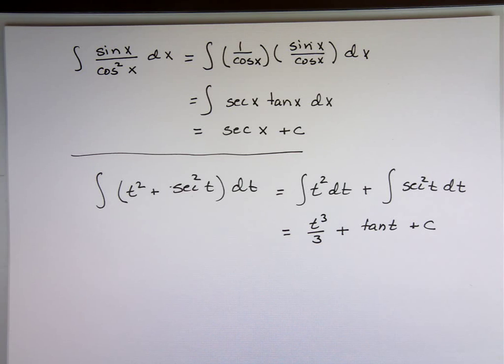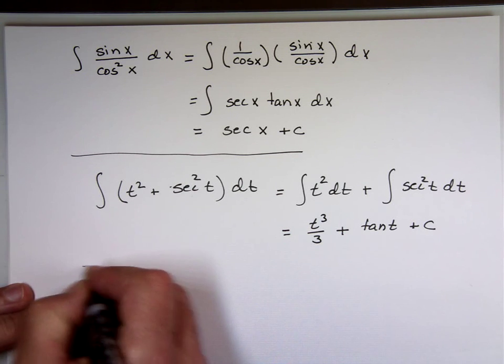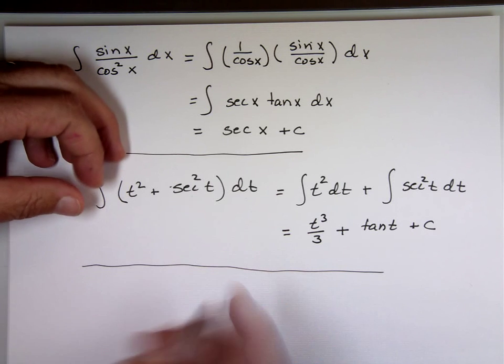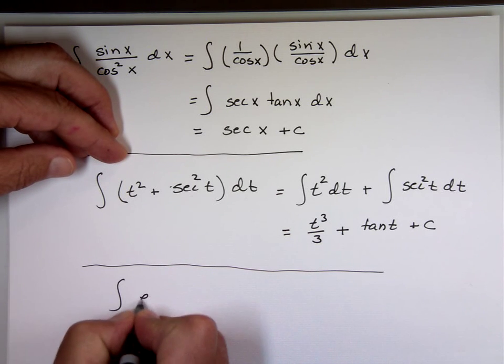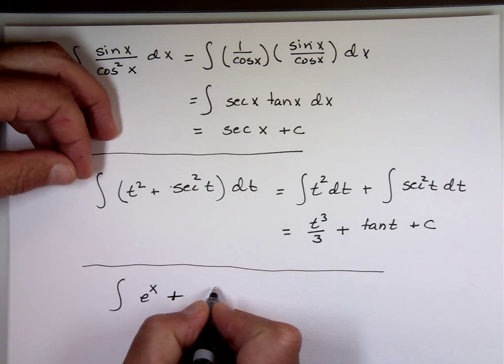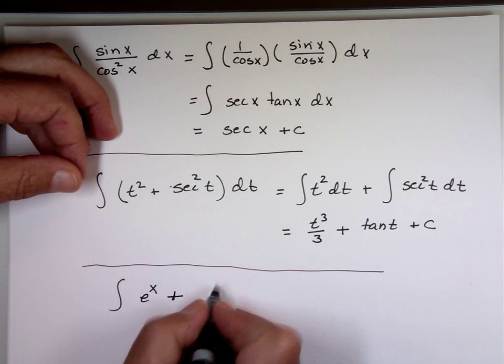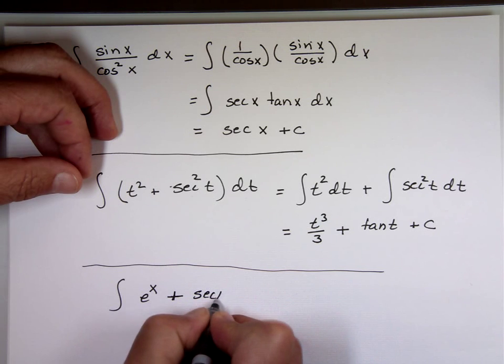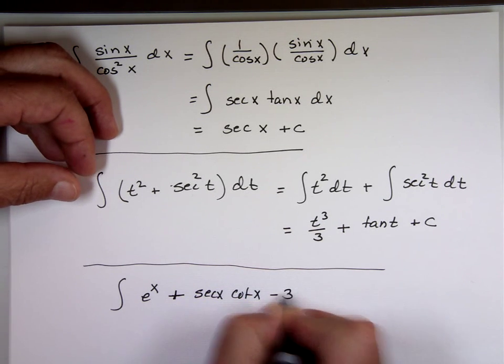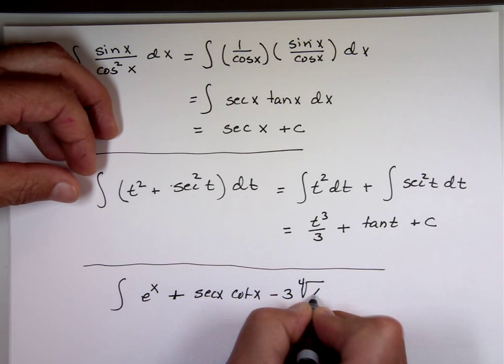One more, since I have space here for one more. The integral of e to the x plus secant x cotangent x minus 3 times the 4th root of x dx.